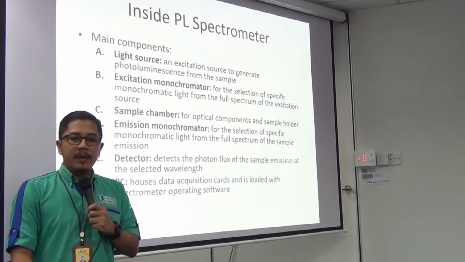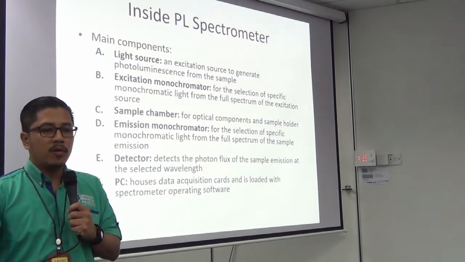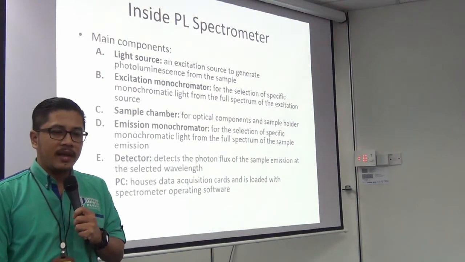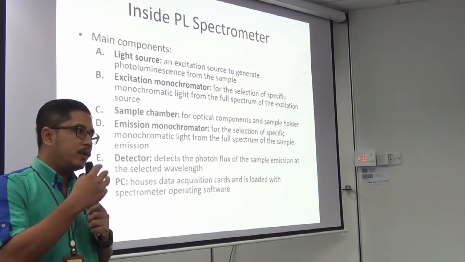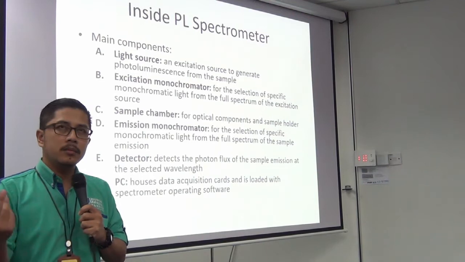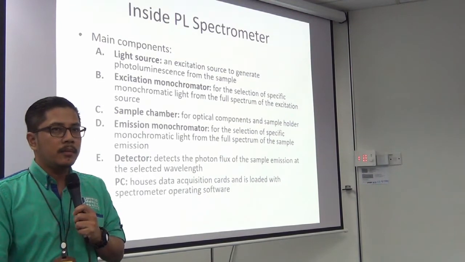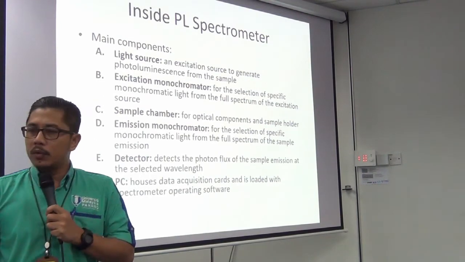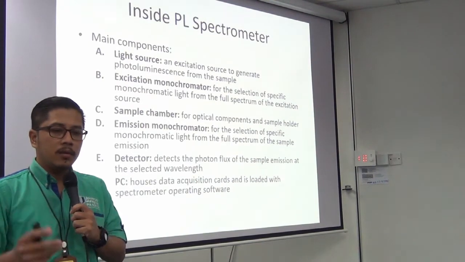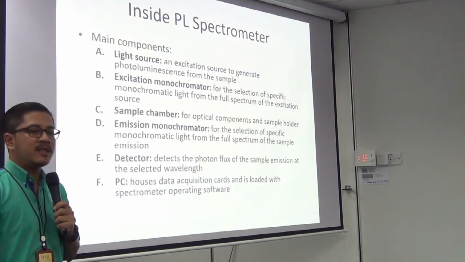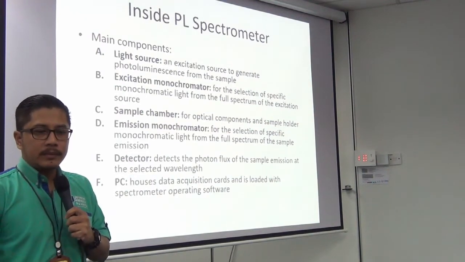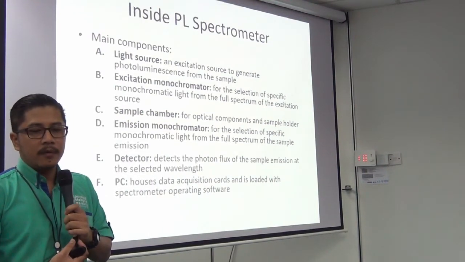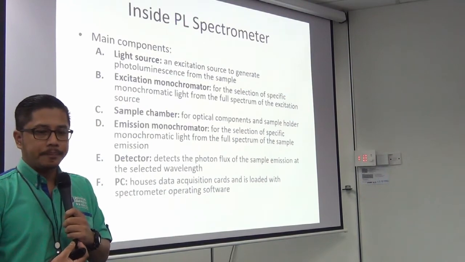The excitation monochromator is for the selection of specific monochromatic light with a specific wavelength from the full spectrum of the excitation source. The light source gives you the whole spectrum; depending on the instrument, some give you from ultraviolet to near infrared, depending on the specification of the PL spectrometer. Then, the sample chamber for optical components and sample holder.